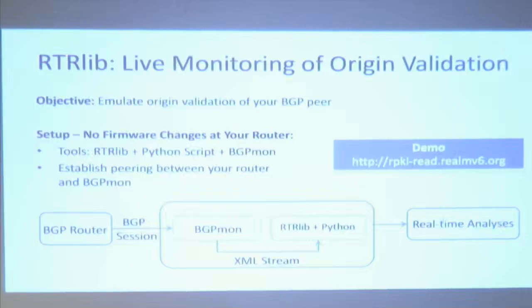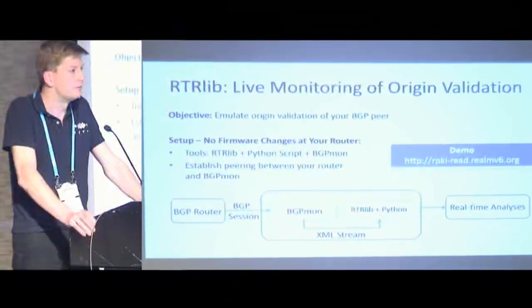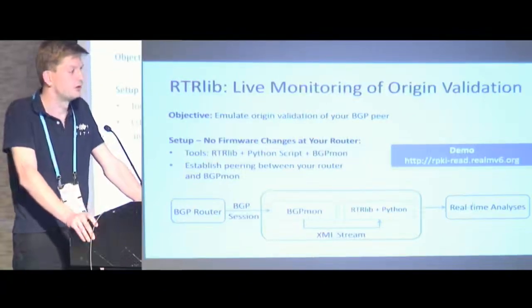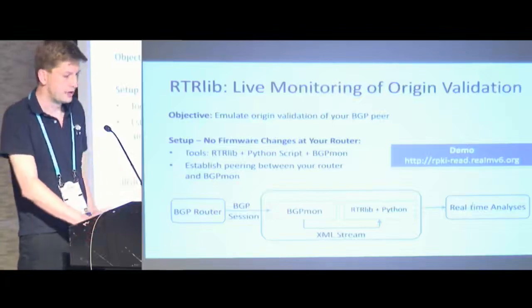This BGPmon then transfers the BGP updates to XML, and then there's a little tool that validates the BGP updates based on RPKI data. And finally, there's a little web front end, a dashboard, which shows you how the validation would look from your router's perspective.